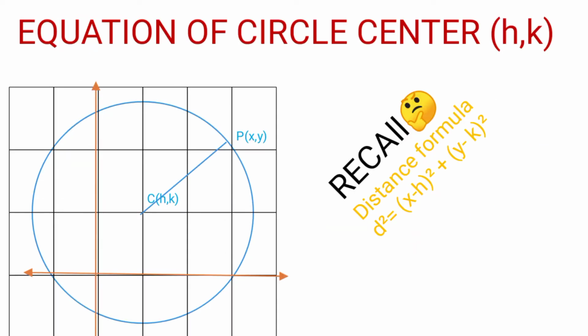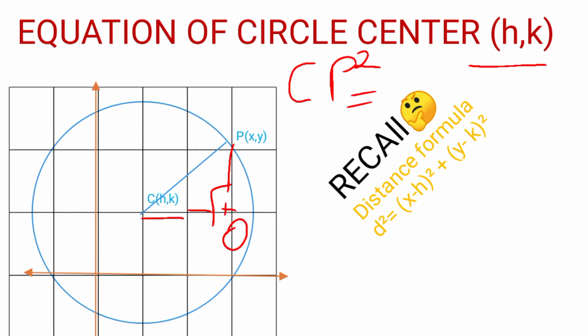Similarly, we can get the equation of a circle with center h, k. Here we call point C, this point O. When we extrapolate, say that we get 90 degrees here, through Pythagoras theorem, CP squared is equal to CO squared plus OP squared.